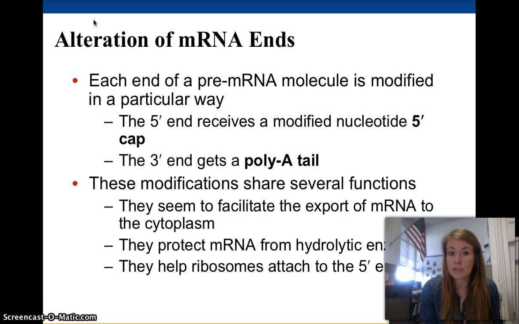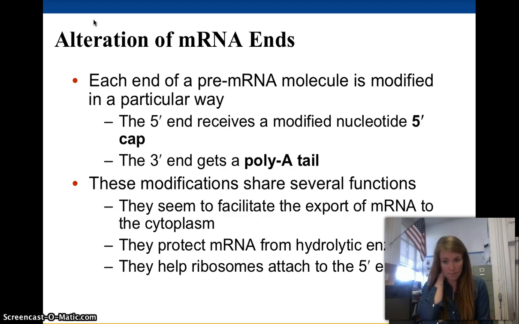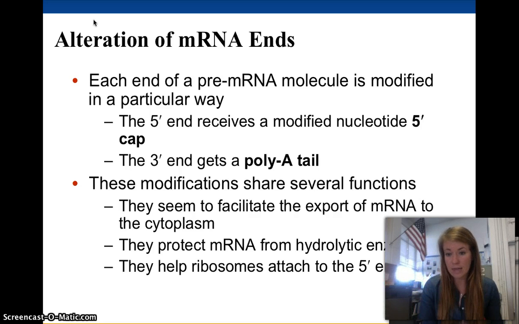At the 3' end, as soon as the pre-mRNA is done being transcribed, it receives the poly-A tail. Poly meaning many, A meaning adenine. So between 50 and 250 adenines are added on to the 3' end. These don't code for anything, obviously. They just act as the 3' cap.